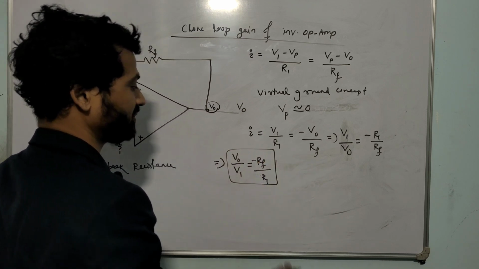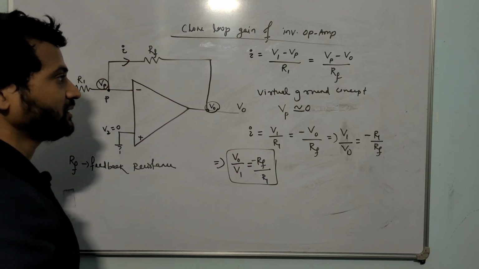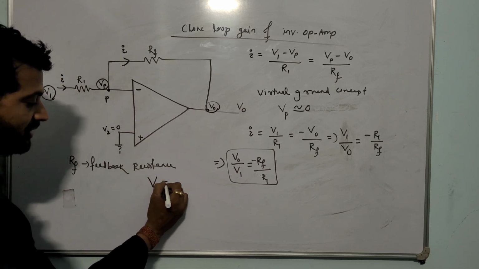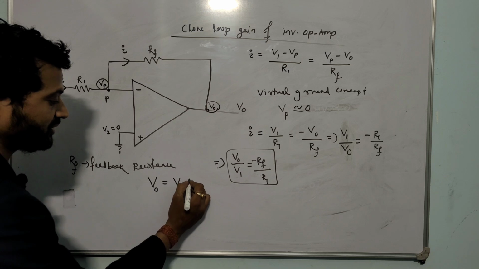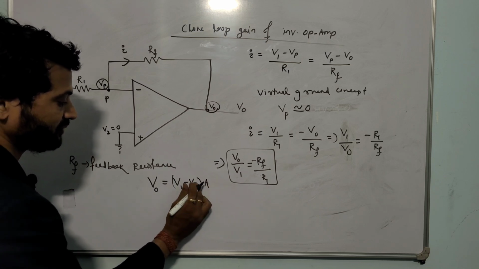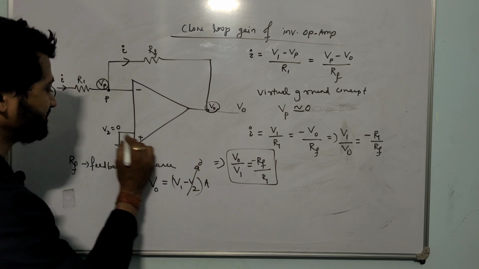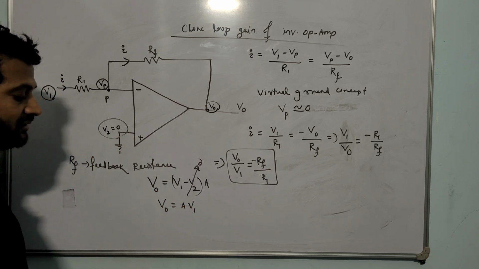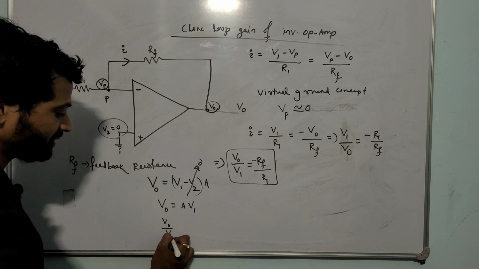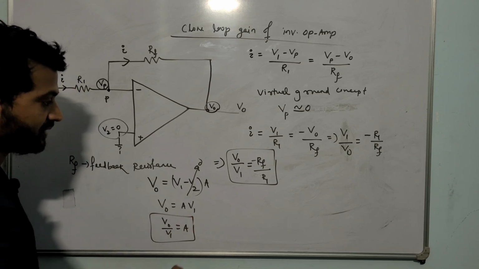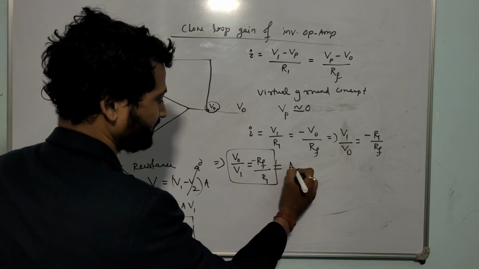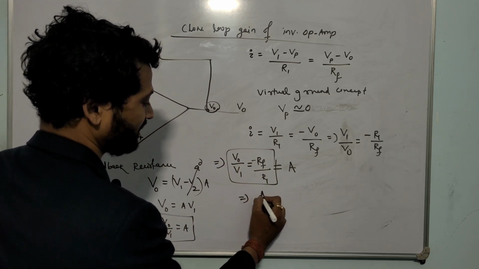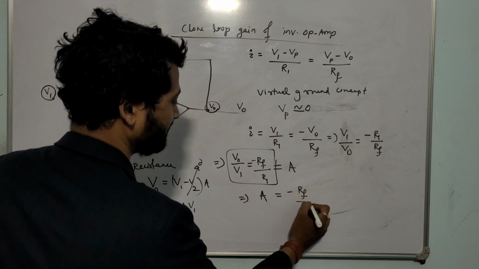ठीक है, next we know what is gain. As I've told, output voltage depends on the difference of input voltage into gain, V1 minus V2 into gain. So V2 क्या है इधर 0, मतलब V0 is A into V1. मतलब V0 by V1 is A. That means in place of V0 by V1 we can write A. So what you are getting finally, the gain is minus RF upon R1.